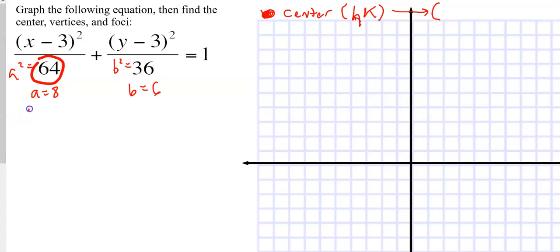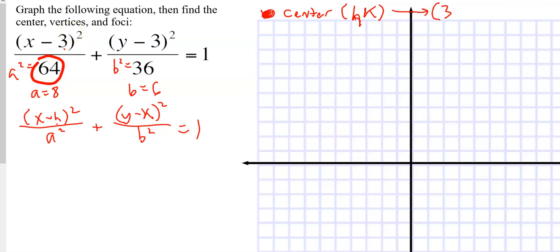The formula is x minus h squared over a squared, this is for horizontal, plus y minus k quantity squared over b squared equals 1. So if you see the 3 there in the h, x minus 3, the h value is 3, the k value is 3, so we get the point 3, 3. So that's the center of my ellipse here.